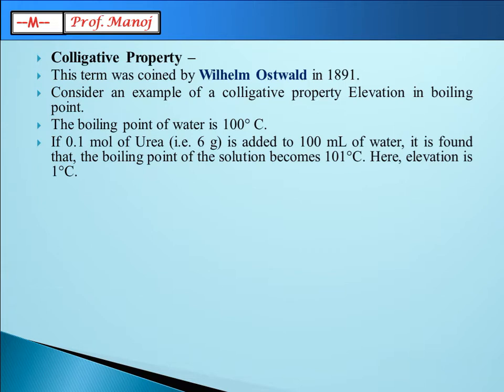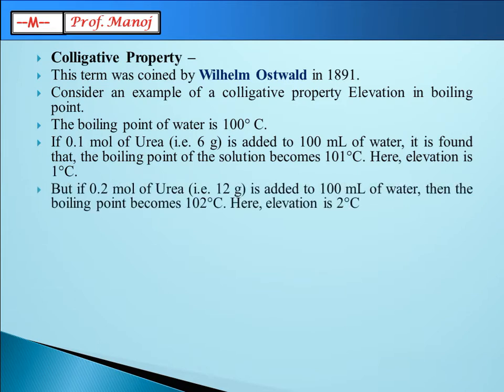Due to this addition of solute, the boiling point now rises from 100 degrees Celsius to 101 degrees Celsius. Here the elevation is found to be 1 degree Celsius. Imagine experiment number 2. Now I add 0.2 mole of urea.